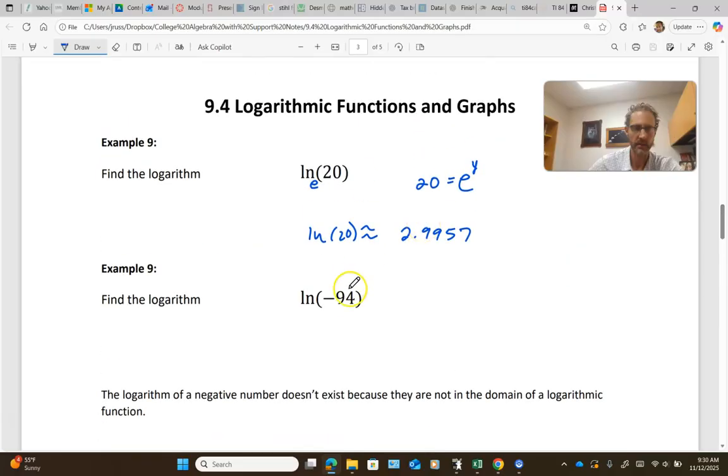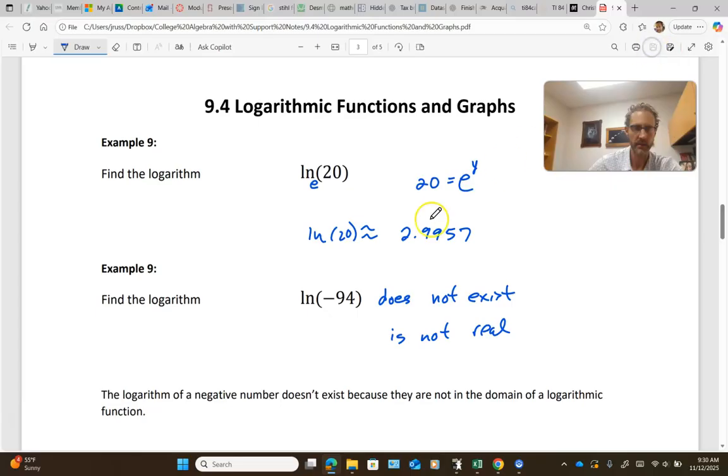So when you have something like this last example, the natural log of a negative number, then you just say that this does not exist. Or, well, I guess in a sense, it's not real. It's not a real number, and your calculator will actually tell you that. It'll say something like domain error or non-real answer.